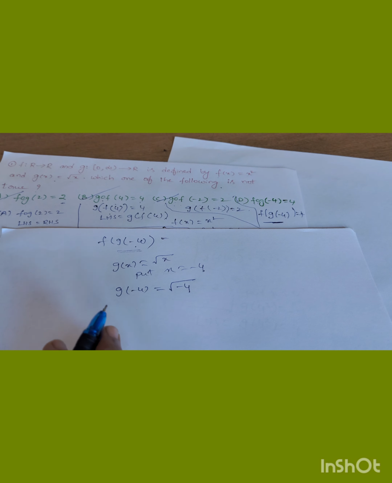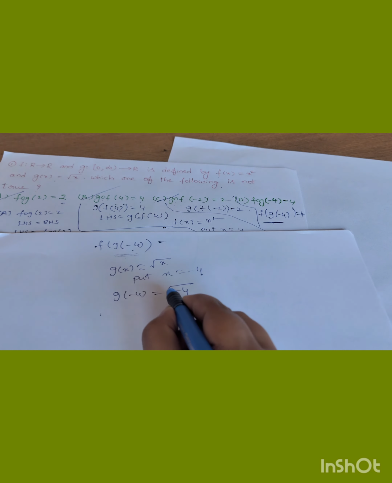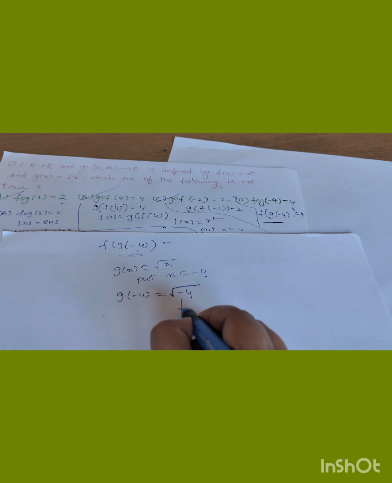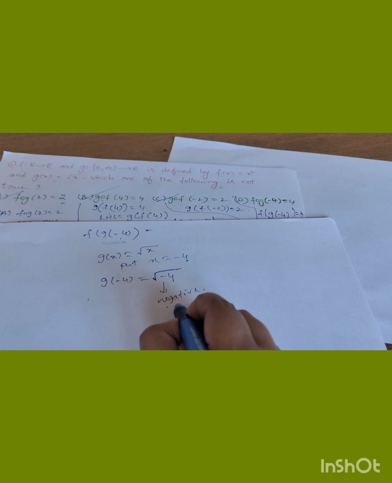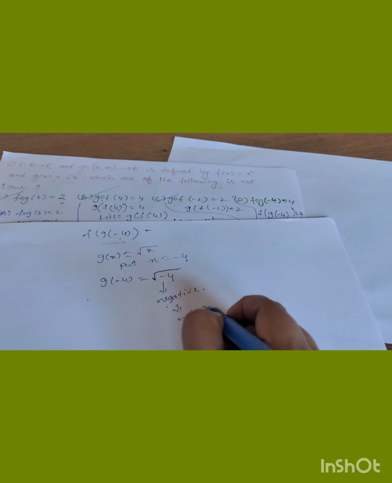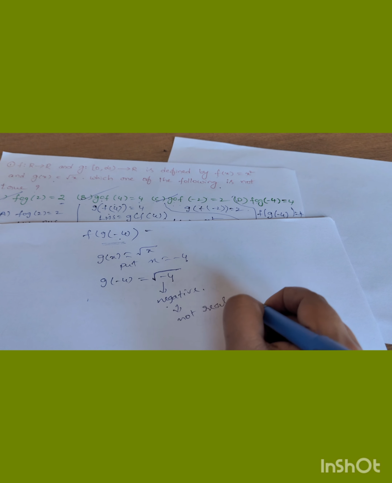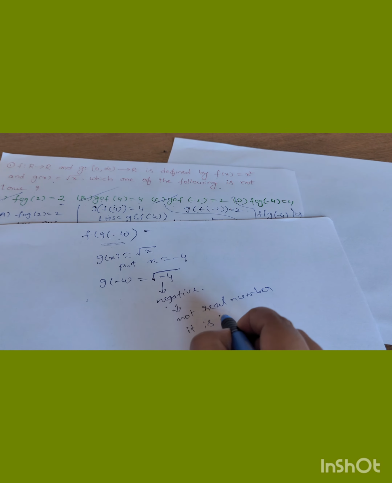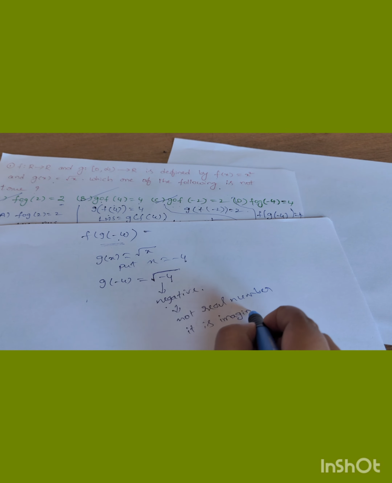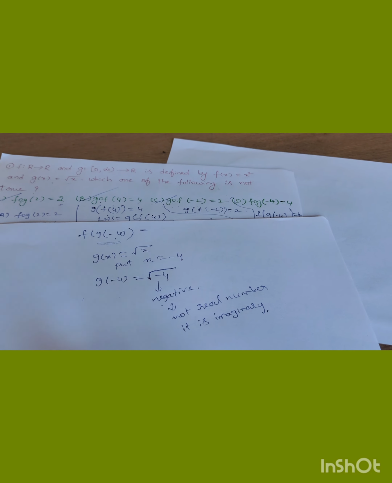If you observe, g of minus 4 is equal to root minus 4. Under the root you have a negative value. When you have a negative value under the root, it is not a real number. It is imaginary. So it is not defined.